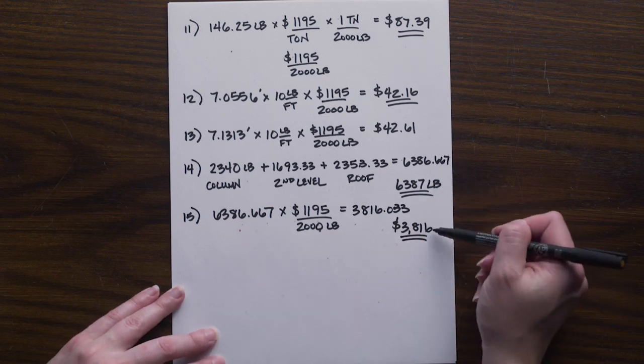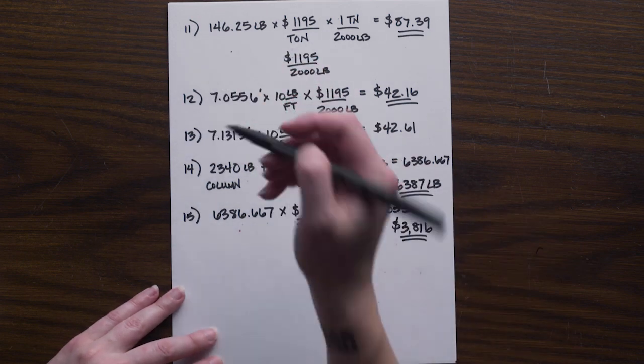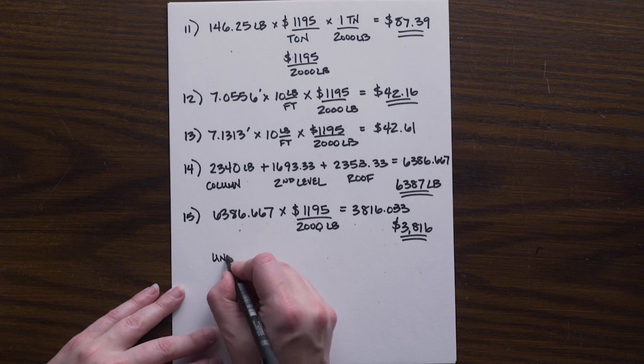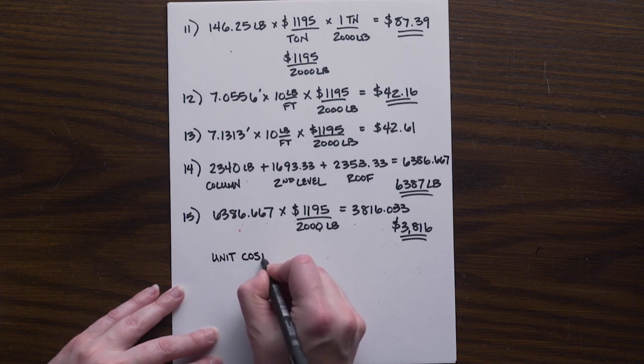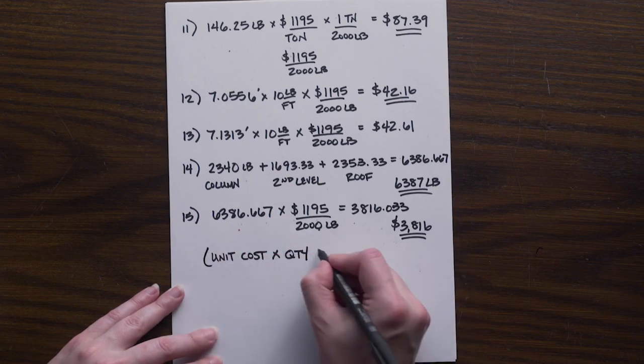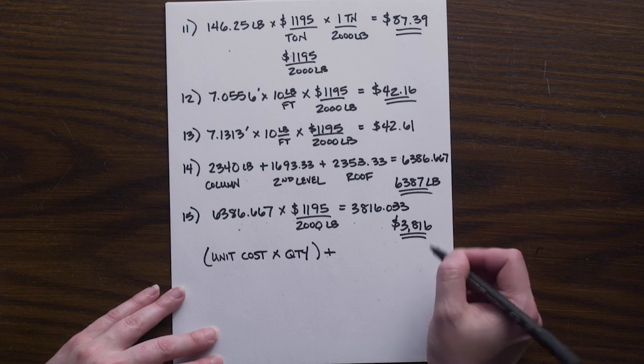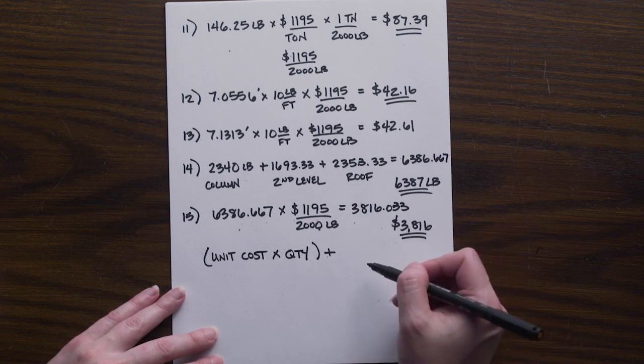That's one way of figuring out our total cost. We could also look at items 11, 12, 13 and take our unit cost for each one and multiply it by the quantity of each item. And then once we have that for each one, we would add them all together. Either way is acceptable, so however you'd like to do it would be fine, as long as you show your work.